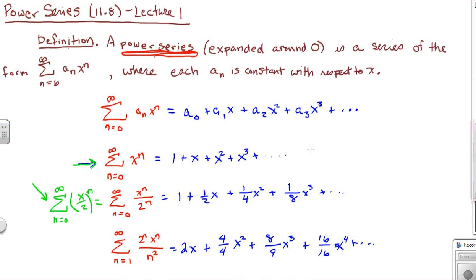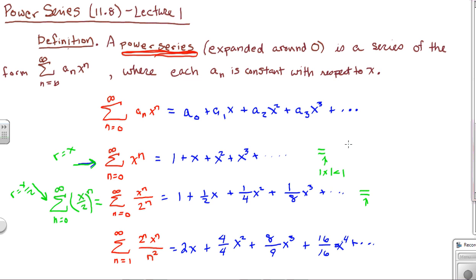And we know that a geometric series converges when, well, in this first one, r is equal to what? r is equal to x. In the second one, r is equal to x over 2, right? So it converges when the absolute value of r is less than 1. So for this first series up here, it's going to converge when the absolute value of x is less than 1.